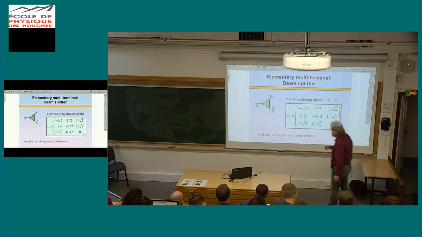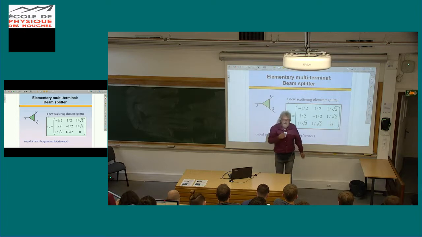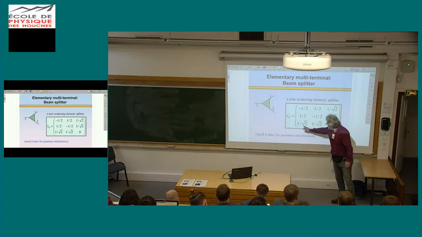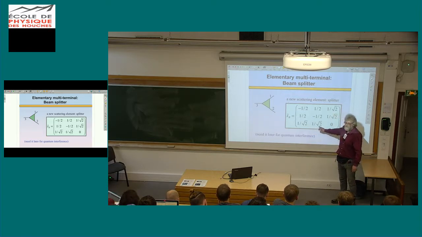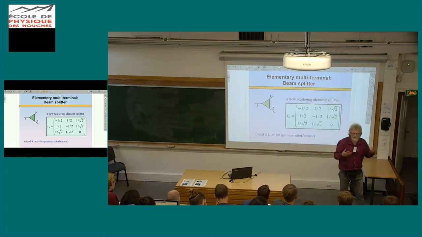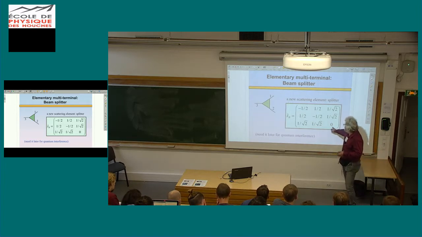If an incoming wave comes from terminal number 3, it is equally spread to terminals 1 and 2. How can one see that? One looks at this row of the matrix. The coefficients are 1 over square root of 2. We square it to get probabilities. Probabilities are 50%. And there is no probability of reflection.